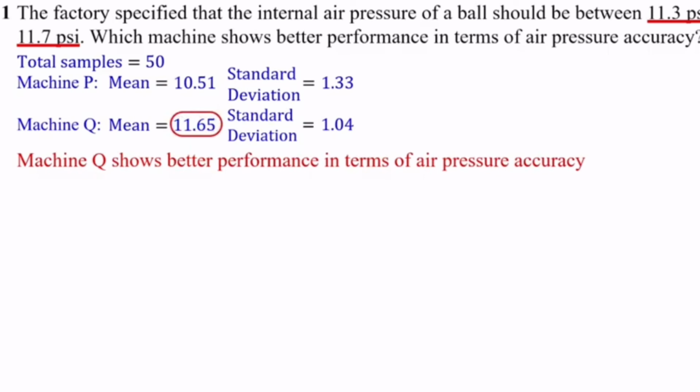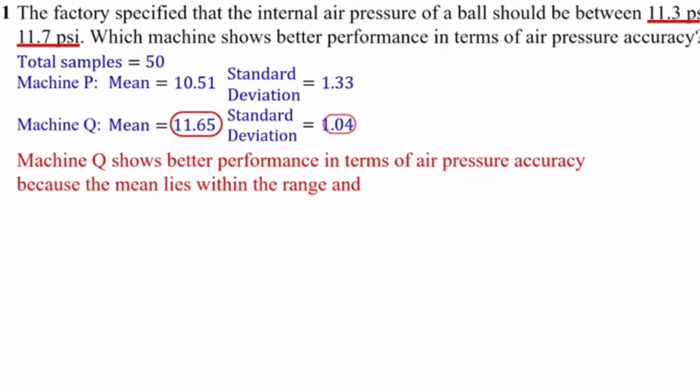So machine Q shows better performance in terms of air pressure accuracy, because the range also, as you can see, 11.65 should be between 11.3 and 11.7, as given by the question. So the mean lies within the range, fulfilling the condition given.